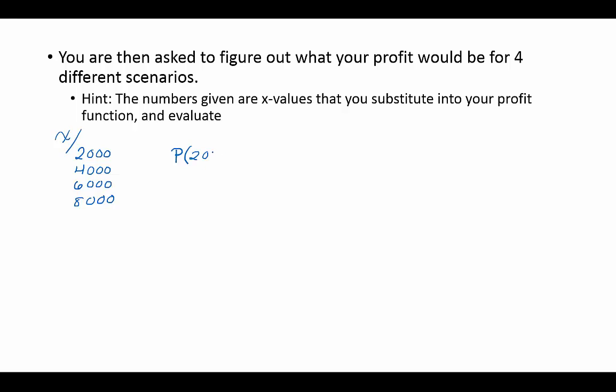So profit of 2,000 would equal our price minus variable cost, times our x, which is now 2,000. So whatever this came out to be, times 2,000, minus our F, whatever that was. And then you're going to do that for 4,000, 6,000, and 8,000.